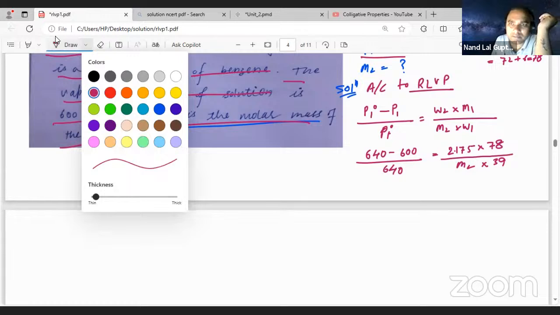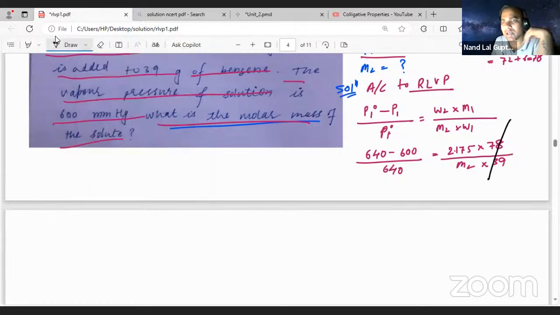Now see the next step. Something is divisible here, very clearly. 78 divided by 39 is 2. And if you subtract here, it comes 40 upon 640 equals 2.175 multiplied by 2 upon M2.